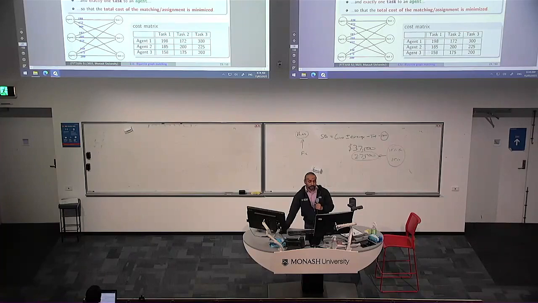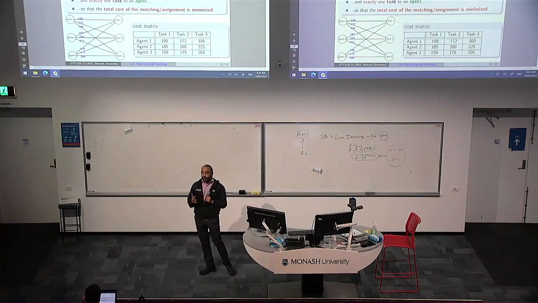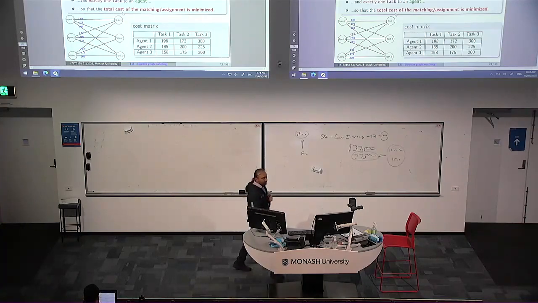In this case all costs are finite, but in principle you could have had a bipartite graph that's not completely defined, with weights on only some edges.